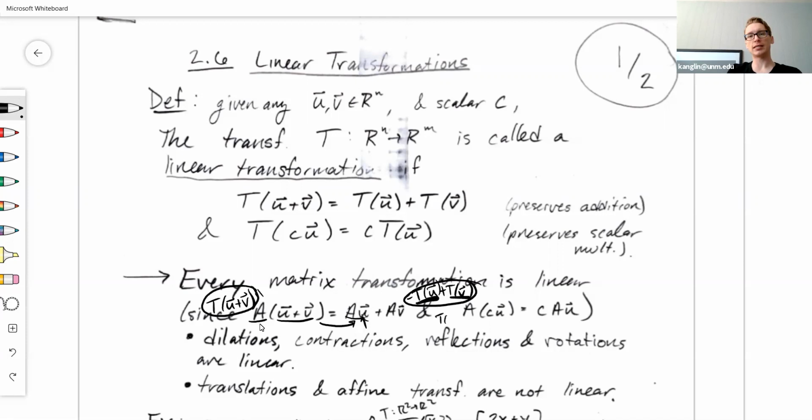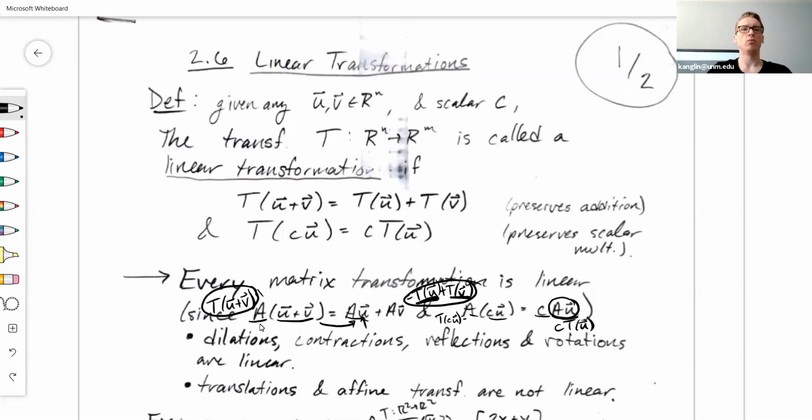Similarly, you can take T of a scalar multiple of u and say that's the same as A times the scalar multiple of u. But we know a scalar, when doing this matrix multiplication, can come out to the front, leaving just Au isolated here. So that's c times the transformation applied to u. Au is T of u.